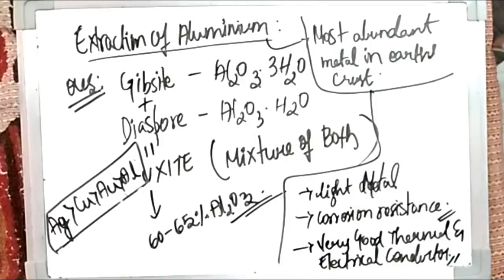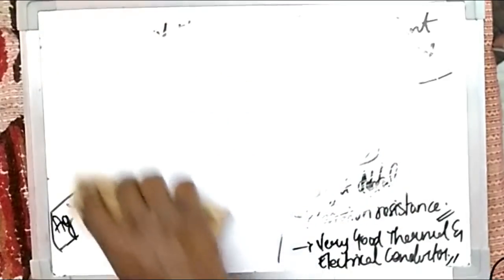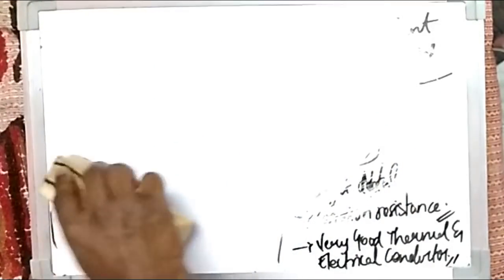Now, in magnesium we saw two types of extractions: one is carbothermic and the other is metallothermic. Usually carbothermic is not utilized for aluminium, and there are some reasons why. Now we'll discuss why carbothermic reduction of aluminium oxide has not been commercially adopted.